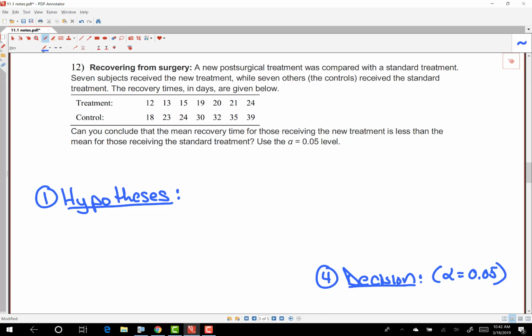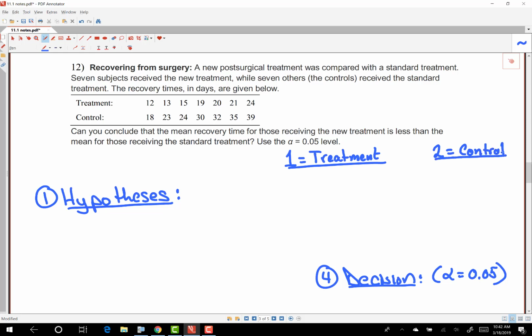Okay, so even though I don't have the summary statistics, I still think it's helpful to write down which group is which. So we're going to let 1 be the treatment group, since it's listed first. But you could switch that around if you wanted to. And 2 will be the control group. And the question is, I'm going to write it like this. 1 is treatment, 2 is control.